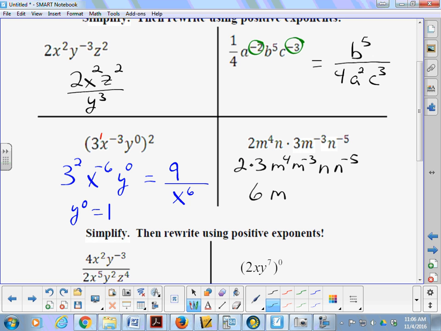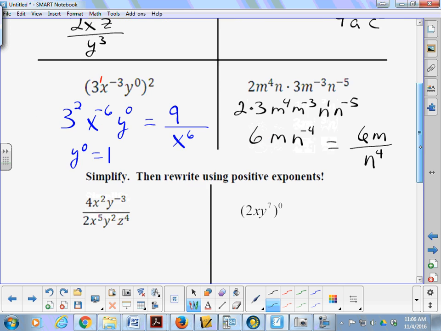Then n times n to the negative 5th, so we have 1 plus negative 5 is negative 4. So here we have a negative exponent again. So this is going to be 6m, they're going to be in the numerator. Since n was the negative exponent, I move it to the denominator and change that exponent to positive. Okay? All right, let's look at a couple more.